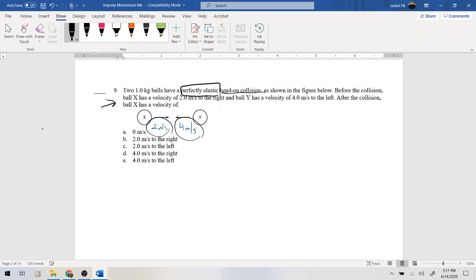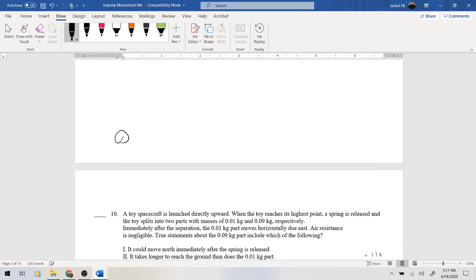Since it's an elastic collision and they have the same mass, they will just switch their velocities. So x is going to go with 4 meters per second to the left, and y is going to go to the right with 2 meters per second. So, 4 meters per second to the left.